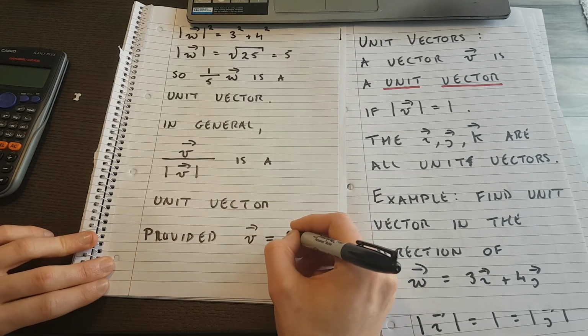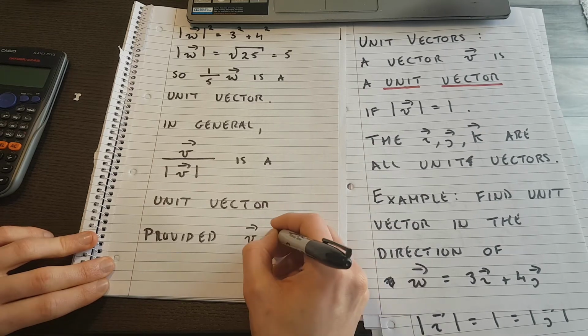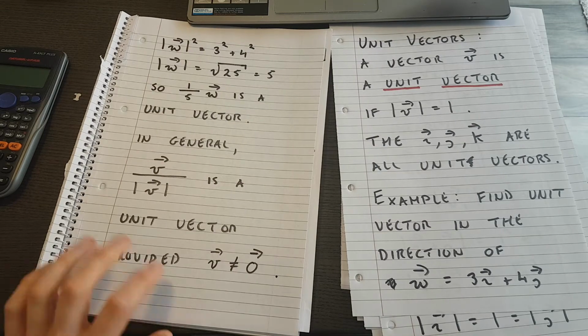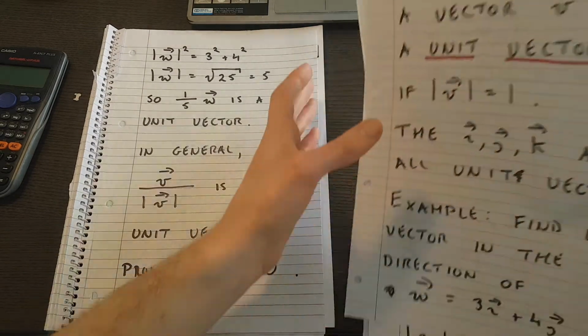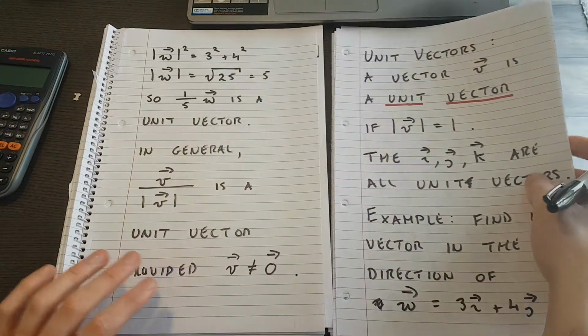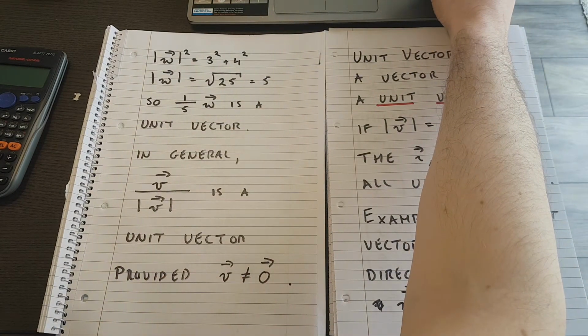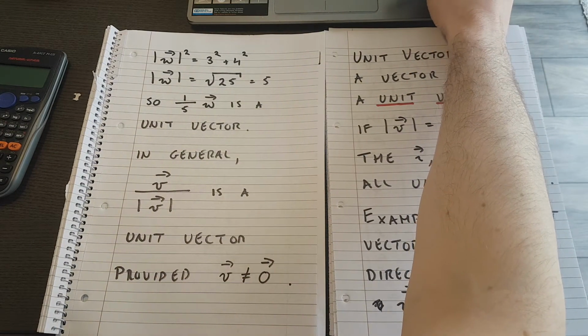V is not allowed to be the 0 vector. Why? Because the 0 vector would have length 0, and then I'm not allowed to divide by 0. So I can always get any unit vector I like.